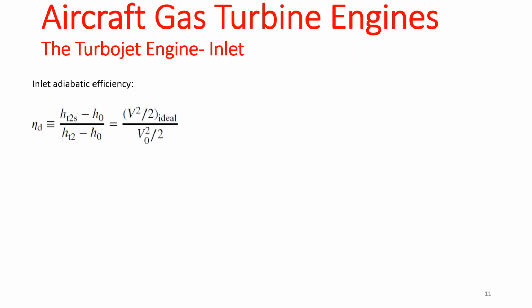So you define your efficiency as the total enthalpy at station 2 for the isentropic process minus your total enthalpy at station 0, divided by the real total enthalpy at station 2 minus h naught, which is the enthalpy at station 0.